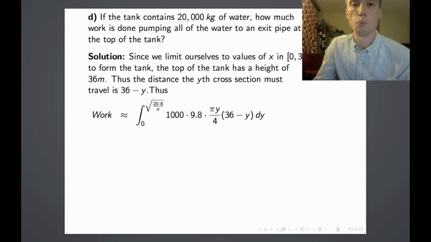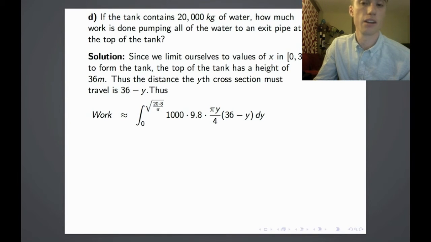And we have density, which is 1,000, times gravity, times our cross-sectional area. Now our cross-sectional area is pi r squared, where the r is the square root of y over 4, and the distance traveled is 36 minus y.